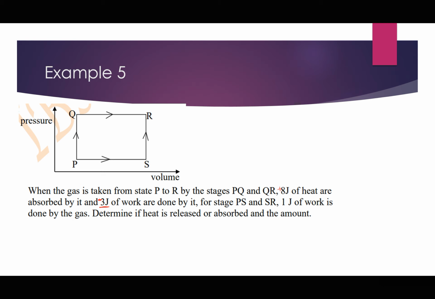For stage PS and SR, 1 joule of work is done by the gas. Determine if heat is released or absorbed and the amount. So let's think of PQ to QR. We are moving from P to R, following the stages PQ and QR, using the first law of thermodynamics.